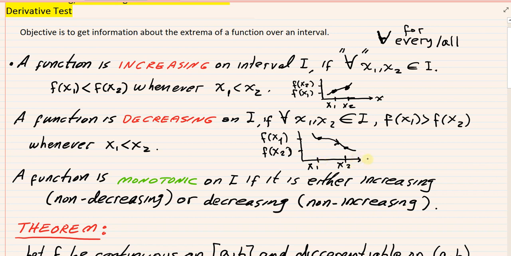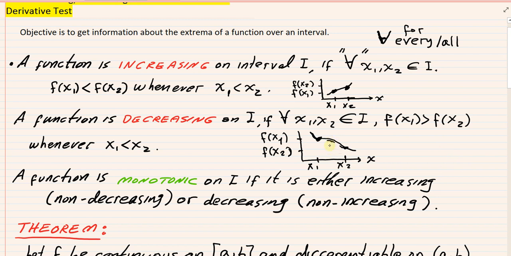So for instance, if you take a look at this drawing next to this definition, x1 lies to the left of x2, so the numbers on the x-axis increase, and as that happens, notice the function is decreasing as you go from left to right on the number line. And again, in general, you would expect a decreasing function to fall rather than to rise.